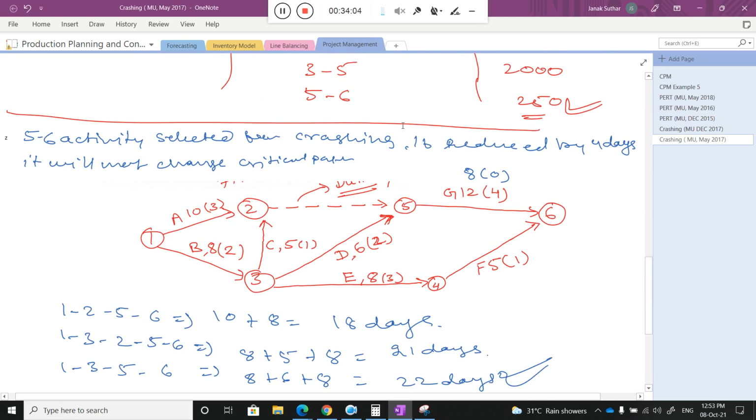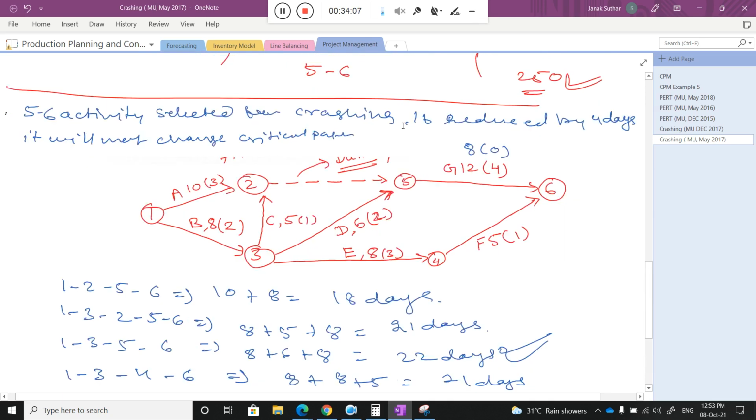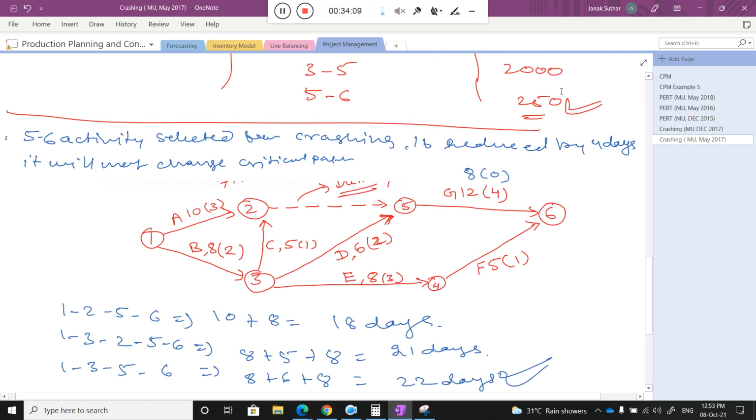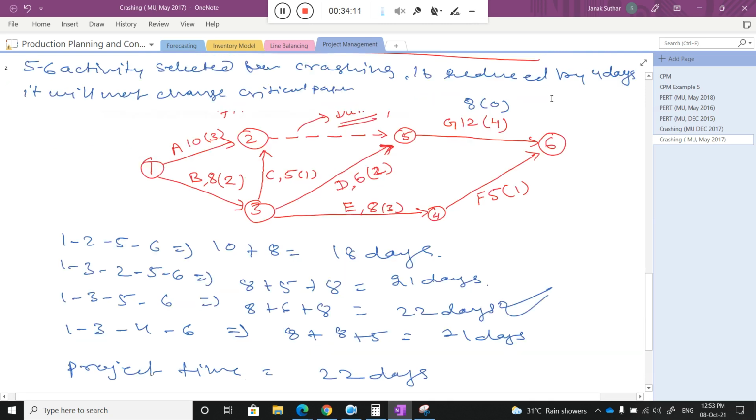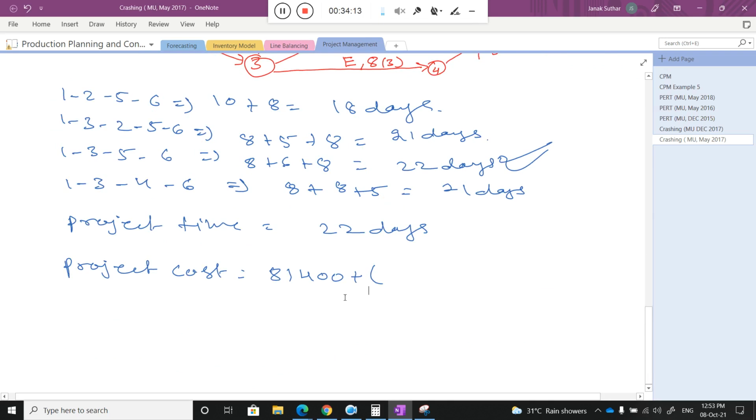I reduce activity 5 to 6 by 4 days. Per day how much do I need to pay? 250 rupees. So 250 into 4.